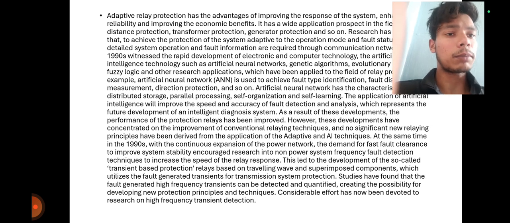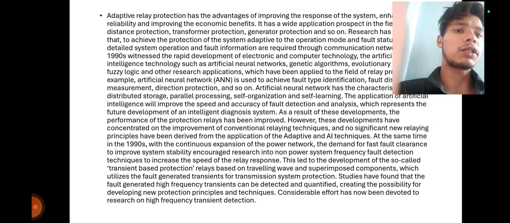This led to the development of the so-called transient-based protection relays based on traveling wave and superimposed component, which utilize the fault generator transients for transmission system protection.